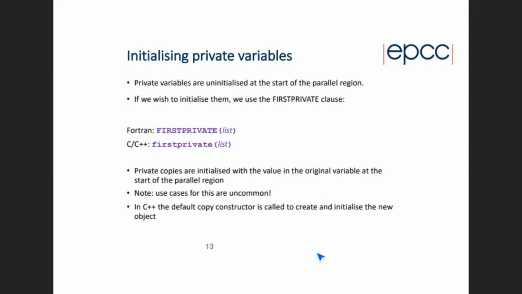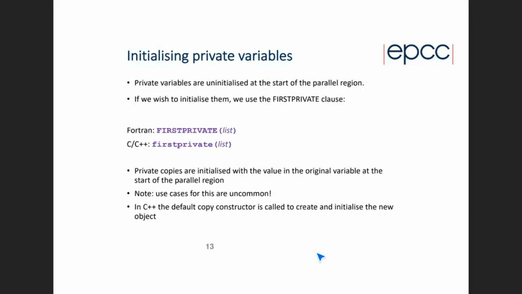So essentially it makes a copy of the value, not just of the storage in the original variable, but actually of its value as well. However, it's important to note that use cases for this are surprisingly uncommon. So if you think you need firstprivate, just take a moment to think twice about why you're doing it, because, as I say, it's rarely needed.